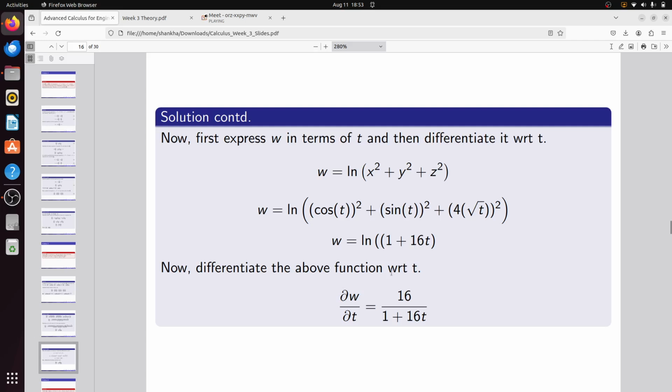Now differentiate the function with respect to t. You take del w del t equal to 16 by 1 plus 16t. Am I correct? So you just put cos t, sin t instead of x and y.